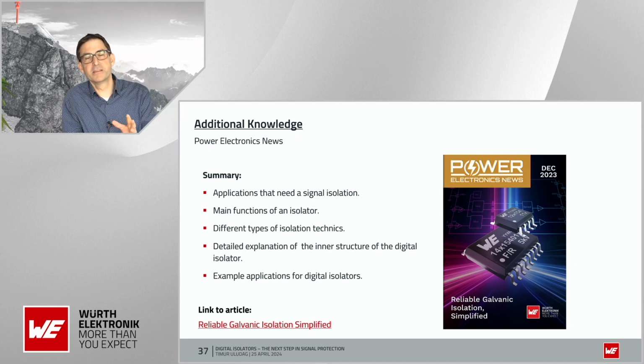Here I explain the differences between optocouplers and digital isolators, and capacitive and inductive technologies. I also go a little bit more in detail about the CMOS structure of the digital isolator. And you will also see example applications for digital isolators.